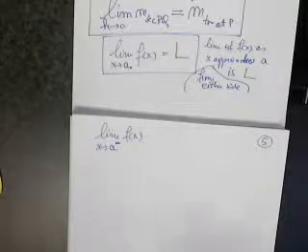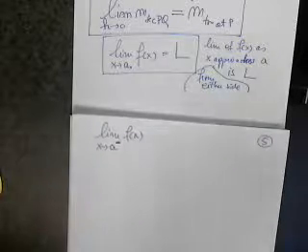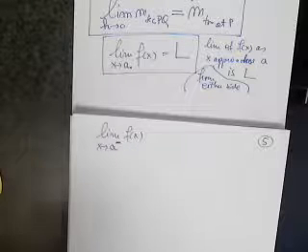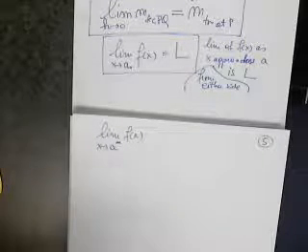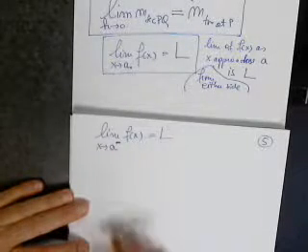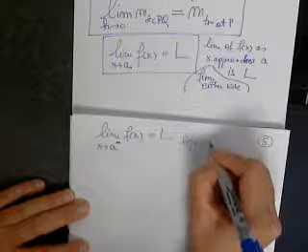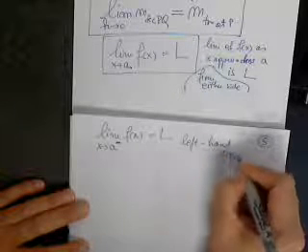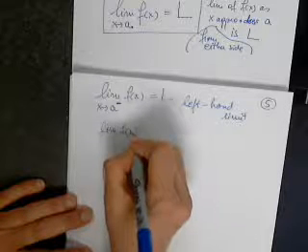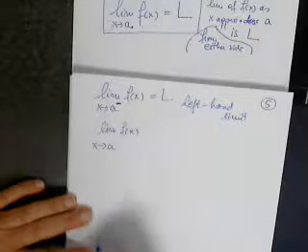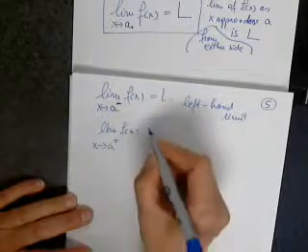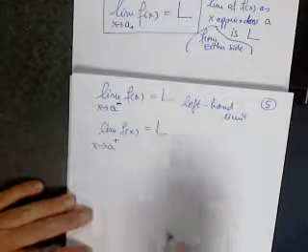So to the left of a would mean, if a is 2, to the left of a would mean 1.9 or 1.99 or 1.99999 like we used last time is L. So this is the left hand limit. We have also the other one. How do you think we're going to write it? With a plus as an exponent for a. It looks like an exponent. And this will be the right hand limit.